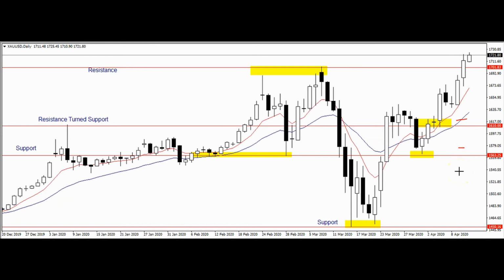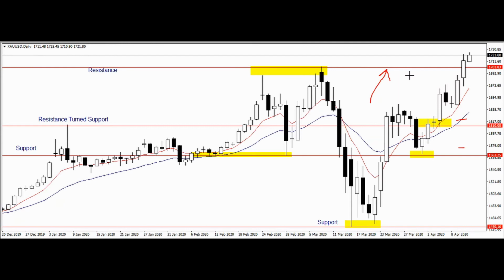We might have to wait for that to happen, of course, but we'll certainly take advantage of a pullback to allow us to go long again. We're certainly retargeting the 1700 area, but it depends on what new highs are formed prior to that, which will determine our take profit target.